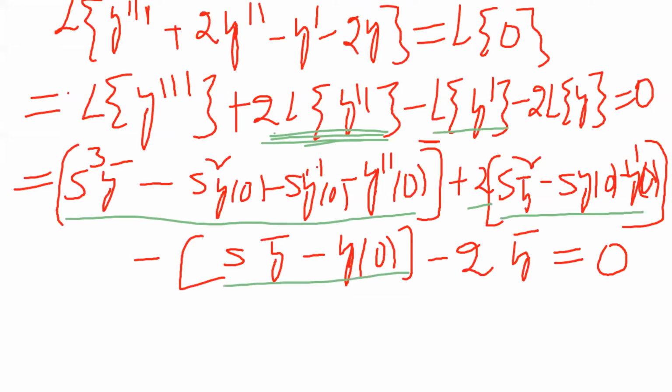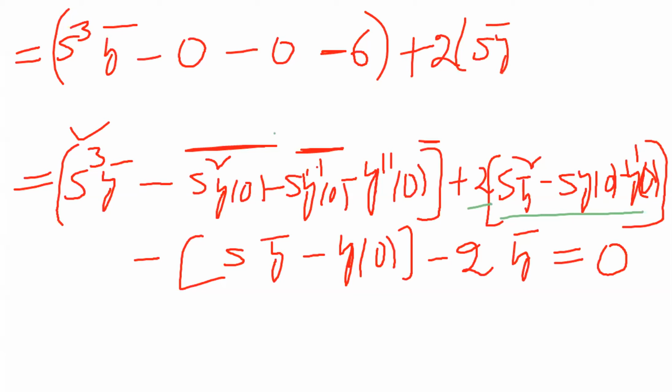This is the first expansion with replaced values. And the second one, 2 into s into y bar. There is no value given for y bar. So the y bar value is simplified by the L inverse. So no need to substitute in y bar. Substitute only y of 0, y dash of 0 and y double dash of 0, don't substitute in the y bar terms because y bar is calculated by L inverse only.